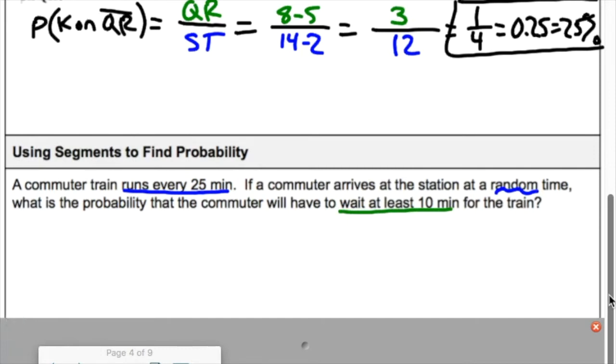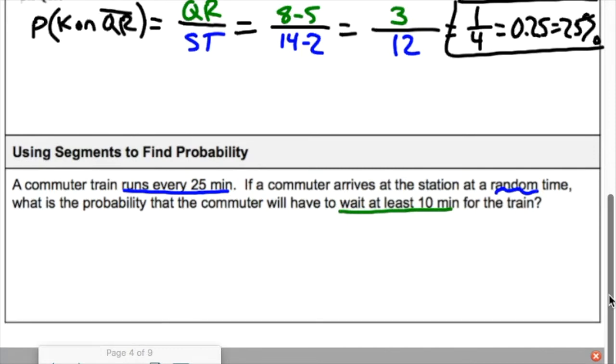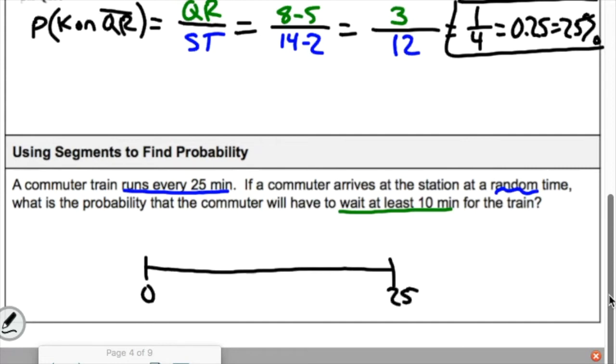So you can get scenarios like this, where we have to take a look at a number line again. So the train is leaving at this point at time 0. Okay, the train is gone. It's not going to leave again until 25 minutes later. So what we're trying to look for in here is just time.